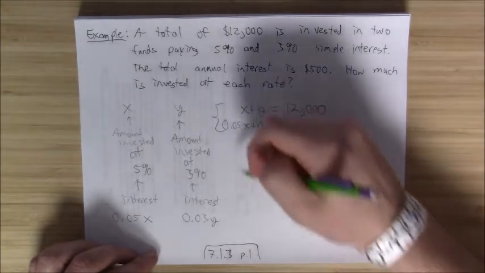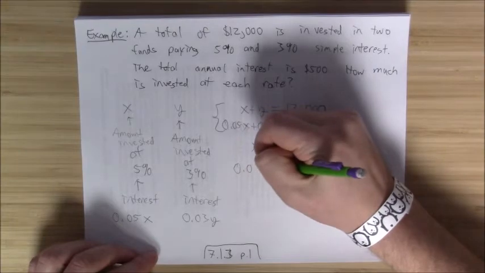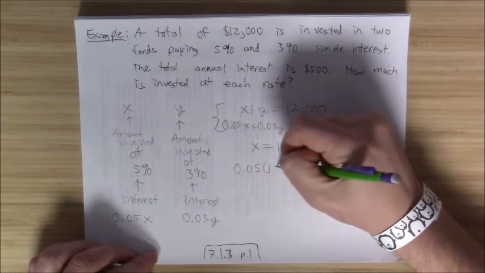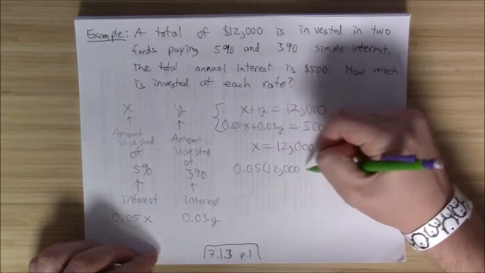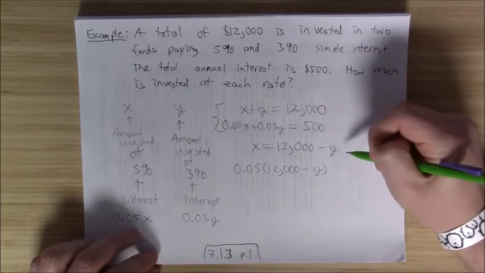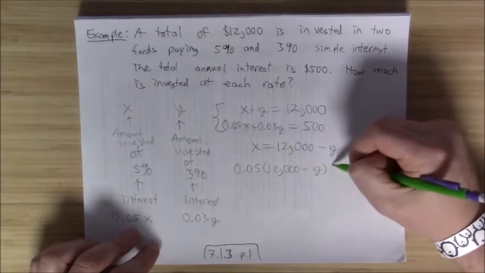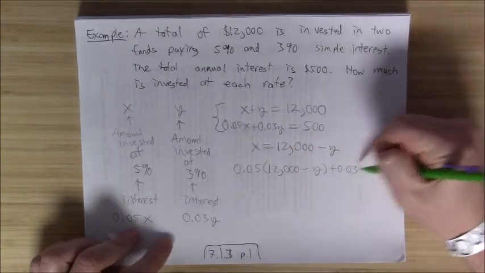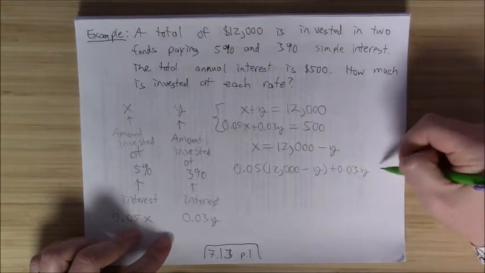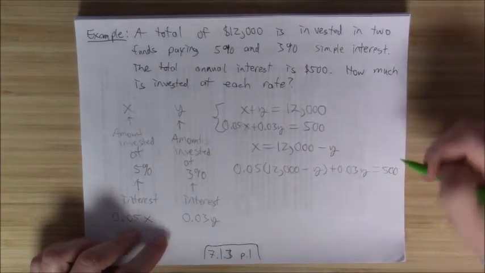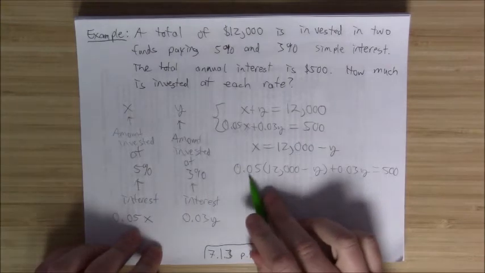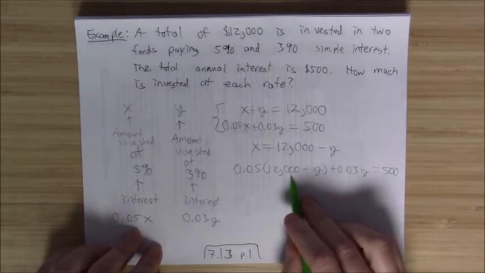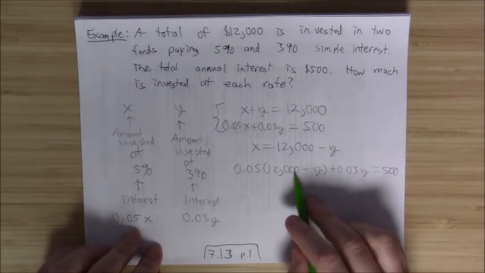Substituting that back in, we'd have 0.05 times 12,000 minus y, plus 0.03y equals 500. Now, 0.05 times 12,000, you may say, I don't know what that is.